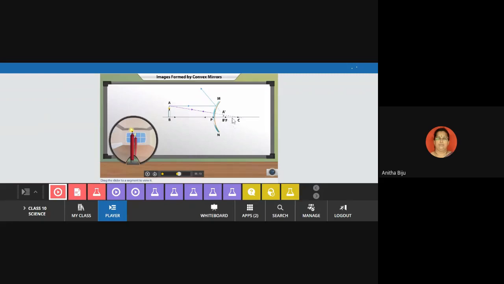These two lines intersect at a point which lies between P and F, and here you get the image. So this is all about the first ray diagram of a convex mirror.